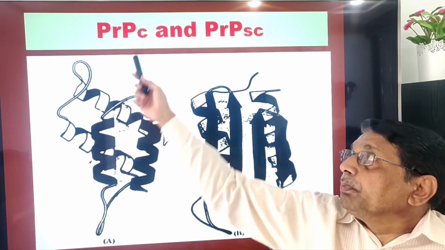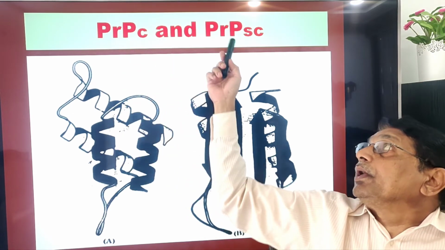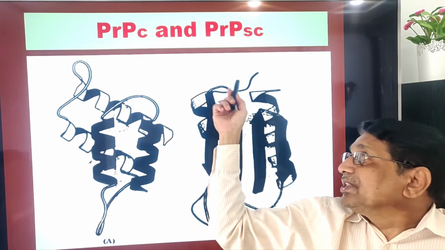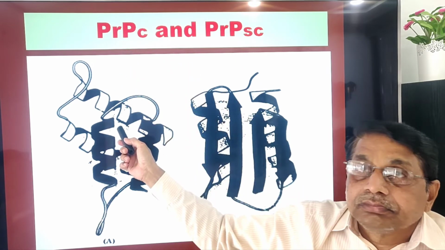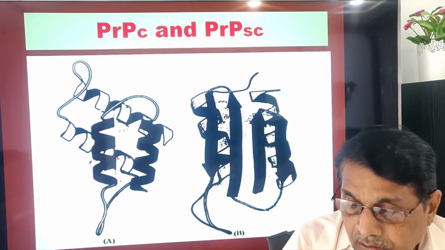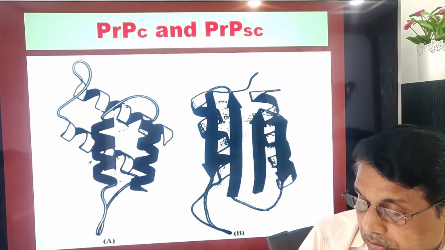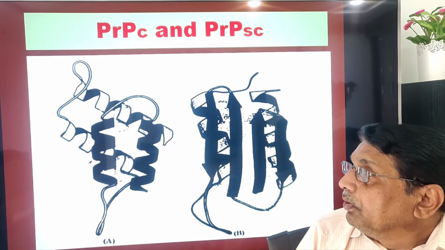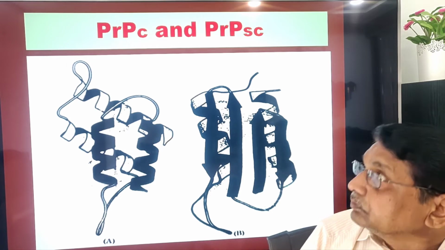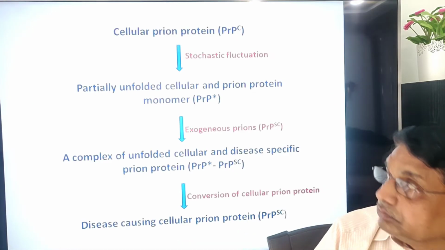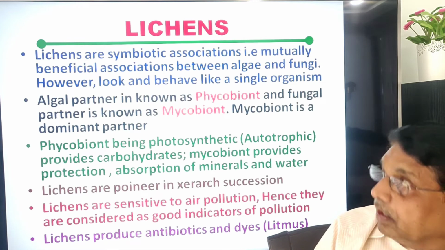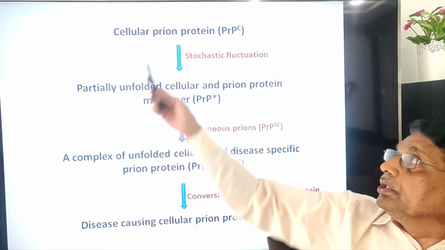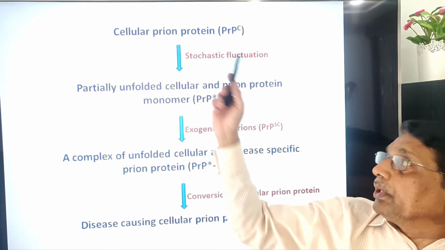PrPC, prion protein cellular. These are prions, not these. Now this is the cellular normal protein.